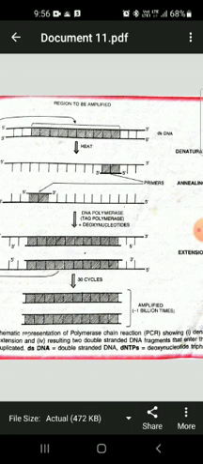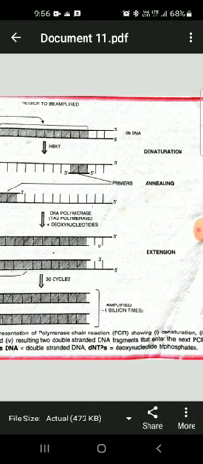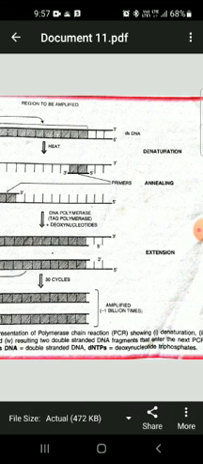The hybrid DNA is now passed through PCR, which was the technique polymerase chain reaction invented by Kary Mullis in 1985, and he was awarded the Nobel Prize in the year 1993 in the field of chemistry.